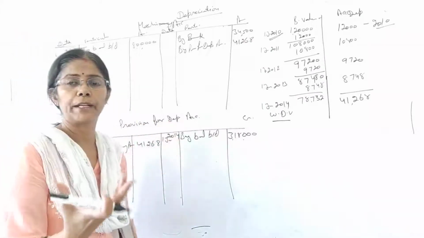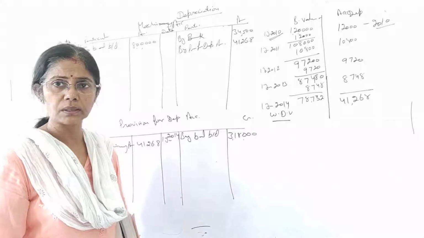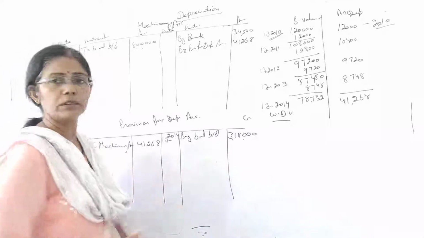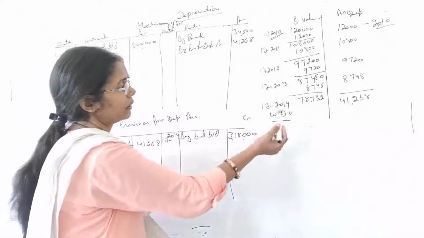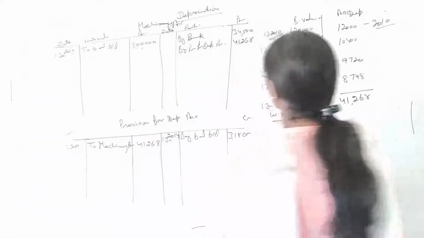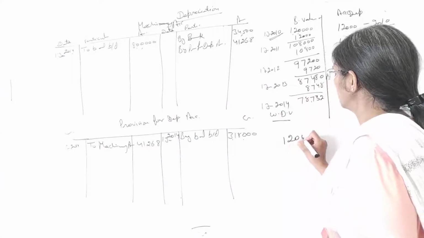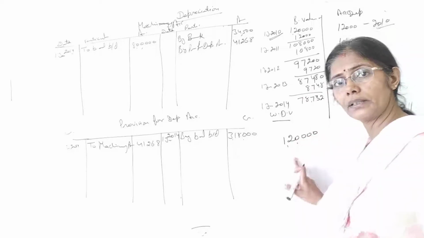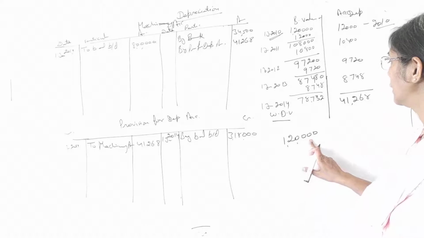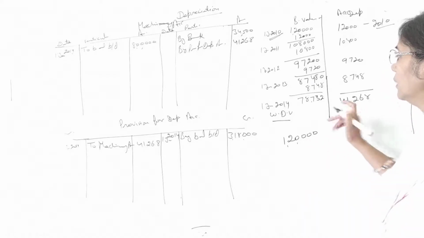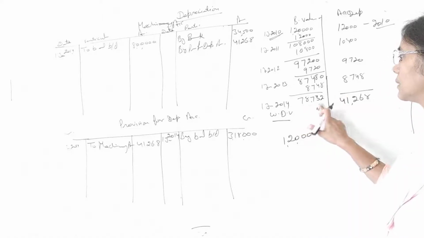Now we have to find out whether there is a profit or loss. So we have the whole calculation. The cost was 1,20,000, and this much depreciation is there. So we have this much. This is the written down value.